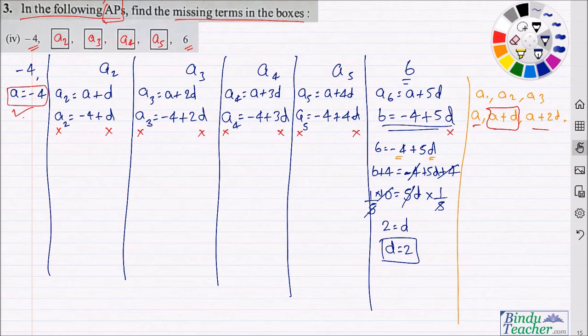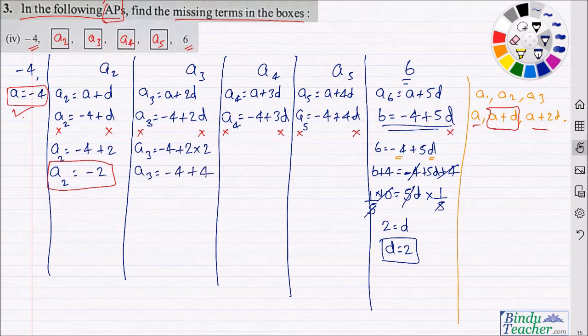Now that we found the value of D, we can start substituting this value in the rest of the equations. Let's start with A2. A2 equals -4 plus 2, A2 equals -2. Next A3. A3 equals -4 plus 2 into 2. A3 equals -4 plus 4. A3 equals 0.